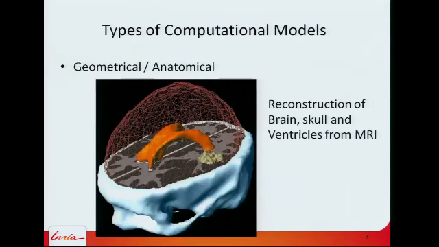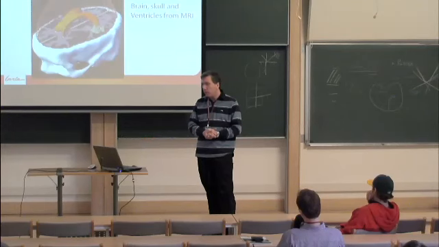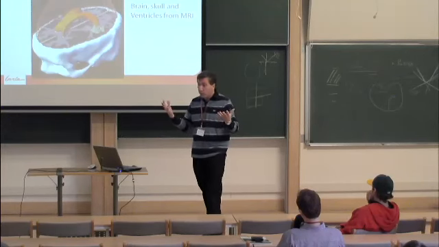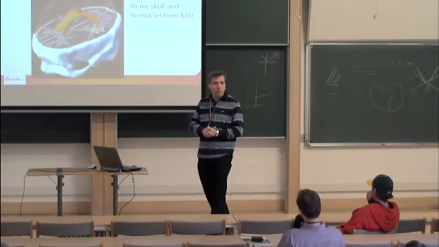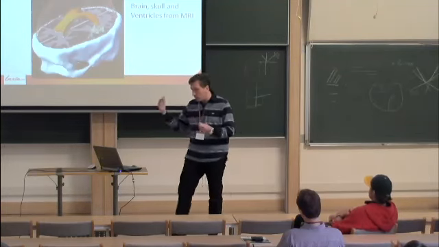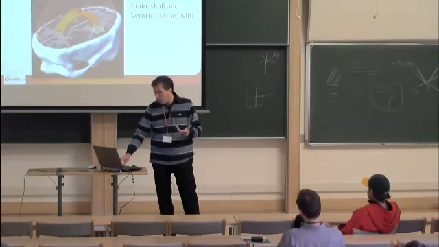In many cases, it is understood as a geometric model or geometric representation. Of course, this is one important part of biophysical models. Geometrical models are usually reconstructed from medical images through image segmentation. This is an example of reconstruction of a brain and skull from MRI.